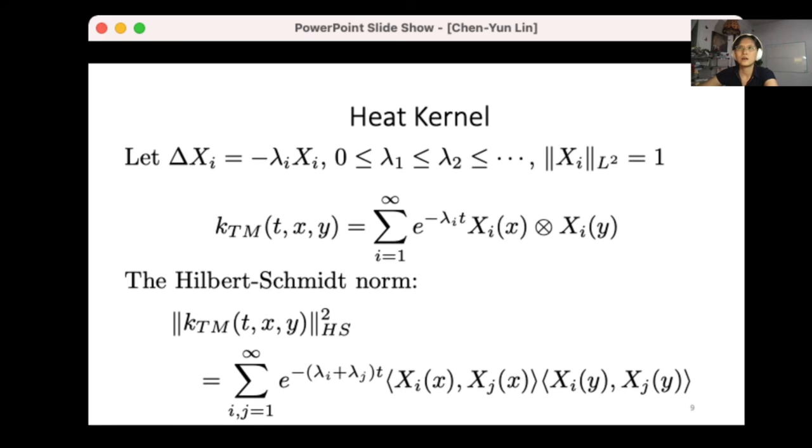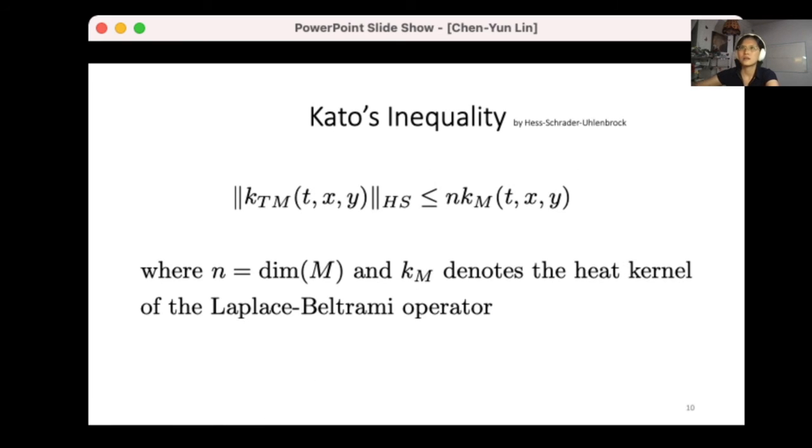Then, what do we know about the Hilbert-Schmidt norm of the heat kernel? By Kato's inequality, the Hilbert-Schmidt norm of the heat kernel can be bounded by the heat kernel of the Laplace-Beltrami operator.